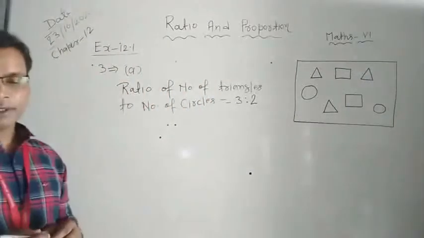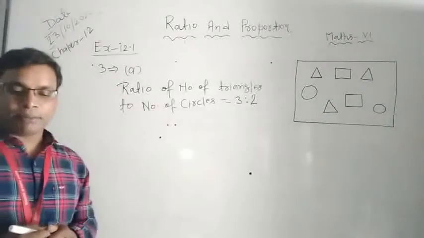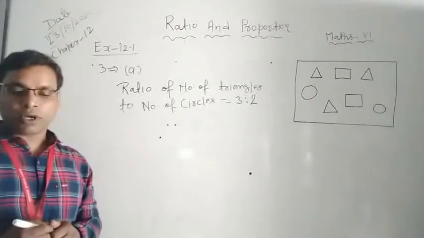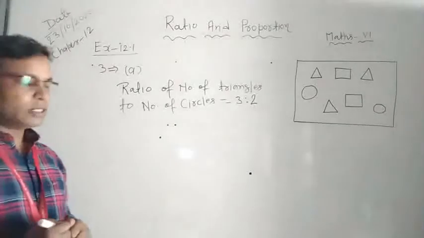Okay, now let's see its B part. What is the B part of this question number 3? Number of squares to all the figures inside the rectangle.